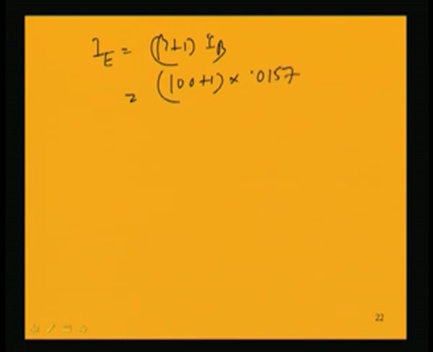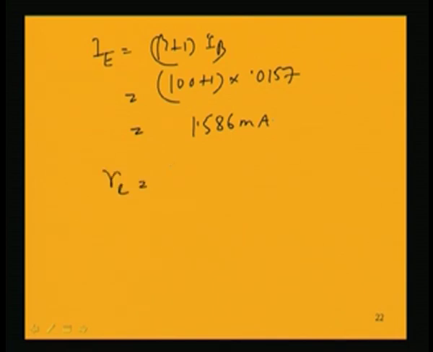So, now if IB is this much, we can find out what is IE. It is beta plus 1 into IB. So, beta is 100 plus 1 into IB is equal to 0.0157 we have found out. So, this comes to equal to 1.586 milliampere. Once we know IE, we can find out re.